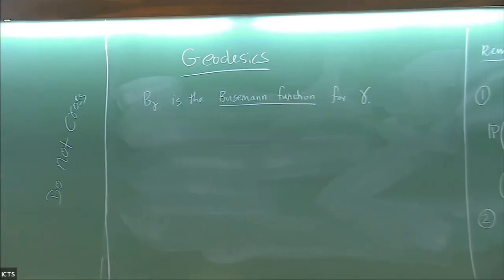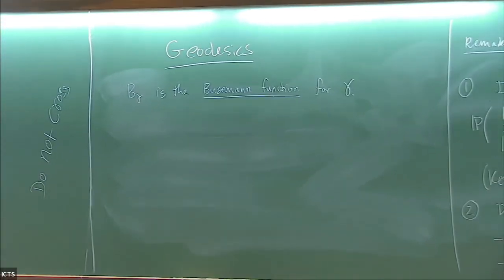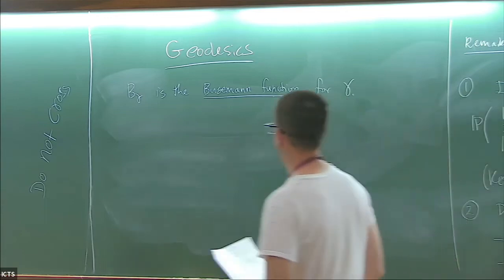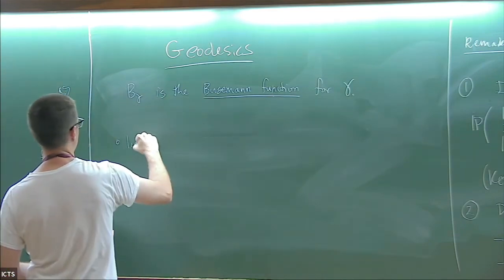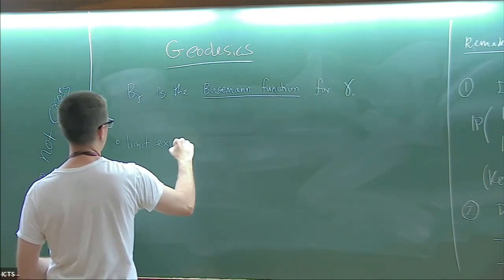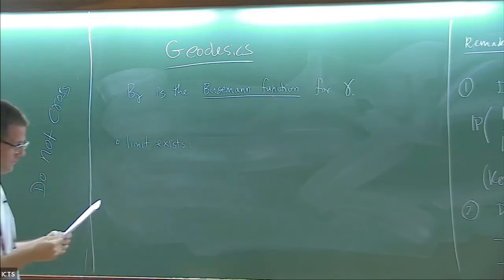Okay, so question number 1, as usual, you can define anything you want, it doesn't have to exist. We have to check that the limit actually exists. Well, it turns out that the sequence is monotone.